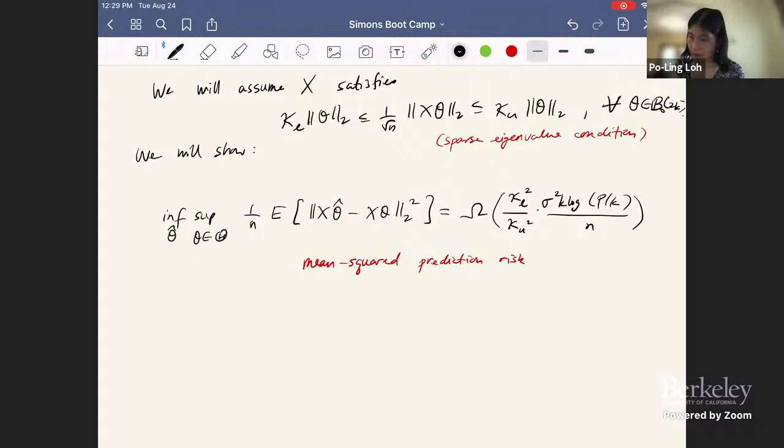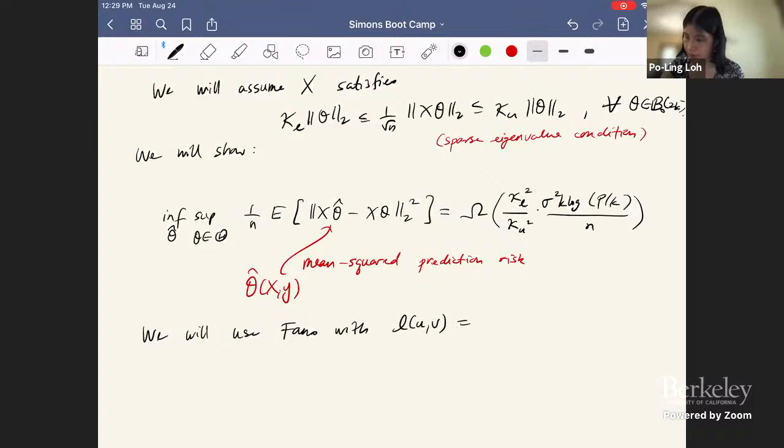One other thing to note is that theta hat here is usually a function of X alone, but this is now a function of X and Y. Well, X is fixed, Y is the random one. Okay, so we will use Fano's method with L of U, V equal to rho.